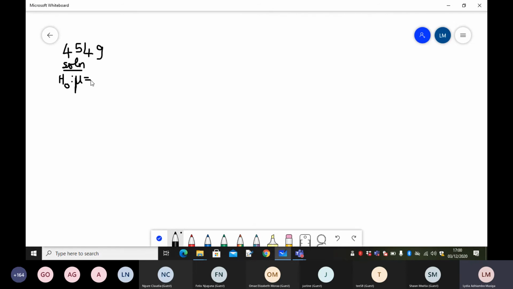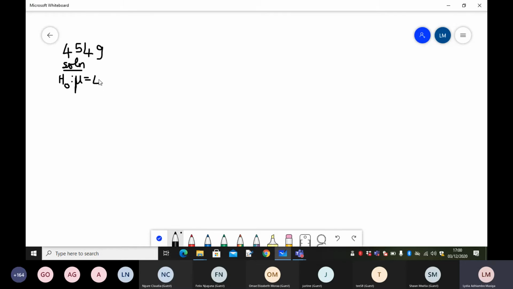So a company produces 454 gram bags. The company insists that the mean net weight of the bags is 454.